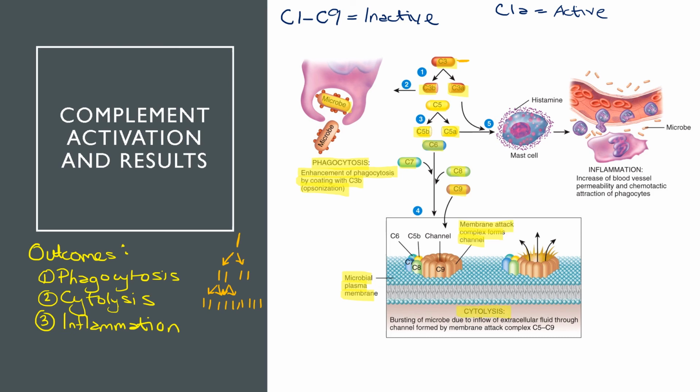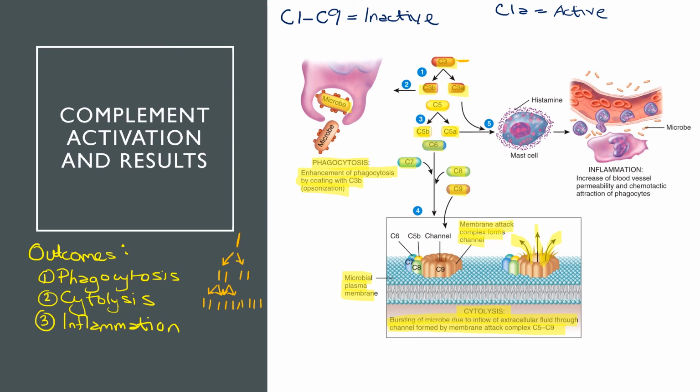This is the bursting of the microbial cells, and this is due to the inflow of extracellular fluid through these channels or the outflow of the cytosol into the extracellular fluid. So that's how it brings about cytolysis.